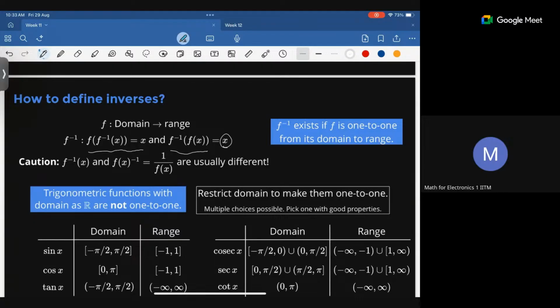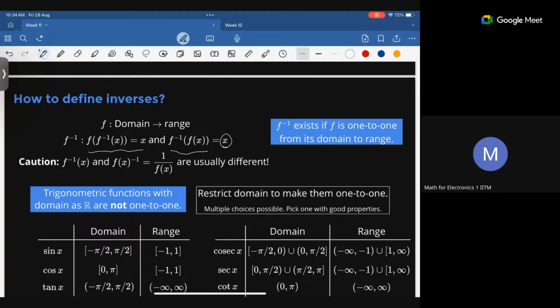We studied this long back: only functions which are one to one will have an inverse function. So for talking about inverses of trigonometric functions, we need to restrict the domain such that the restricted domain makes the function one to one. Once it becomes one to one, the inverse exists, and then we can compute the inverse and plot the inverse also.